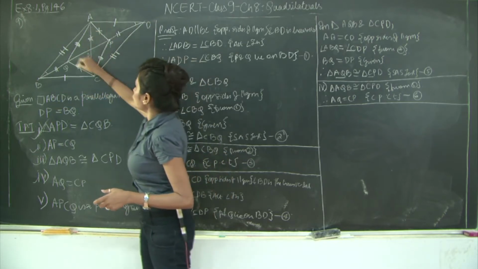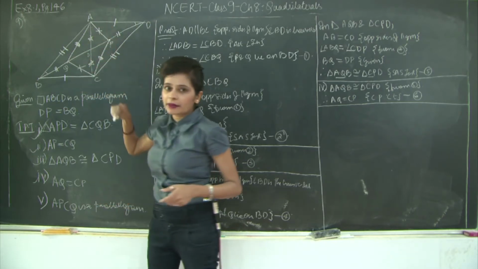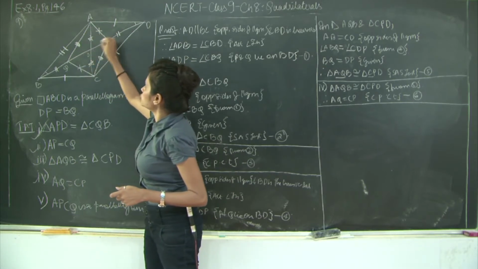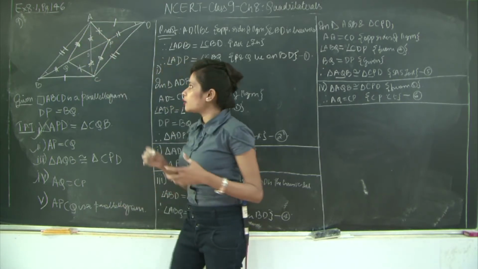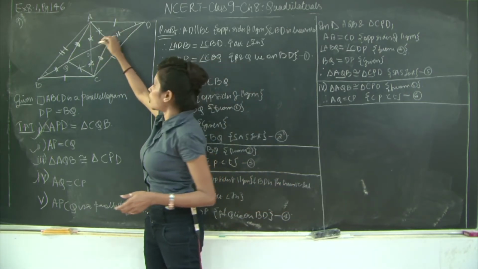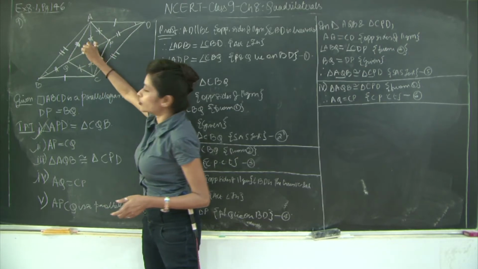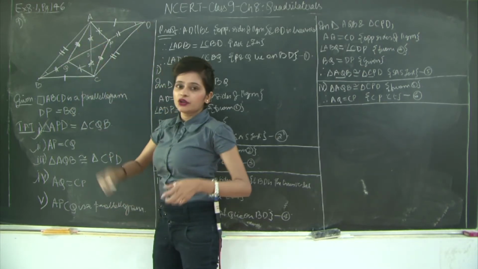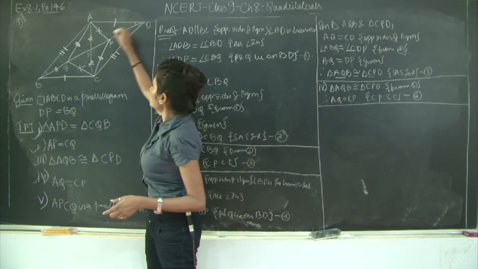Now, if I need to prove that APCQ is a parallelogram, I need to show that AO is equal to CO and QO is equal to PO. So how are we going to prove that? We already have AO is equal to CO. How are we going to prove that PO is equal to QO? We have BO is equal to DO and we also have BQ is equal to DP.